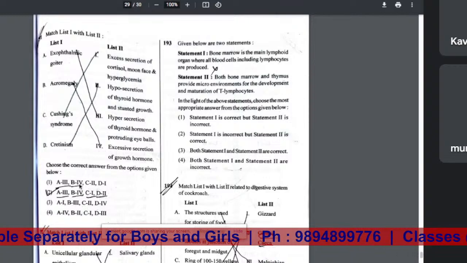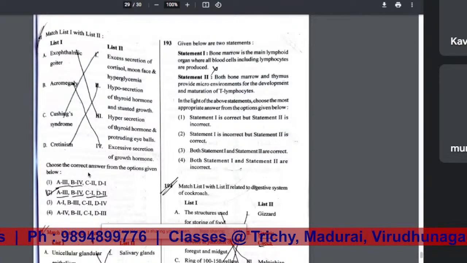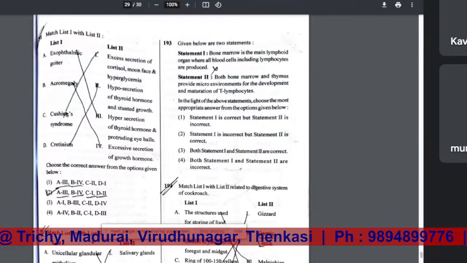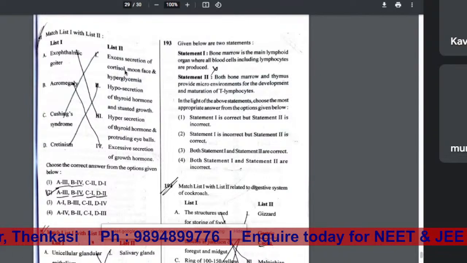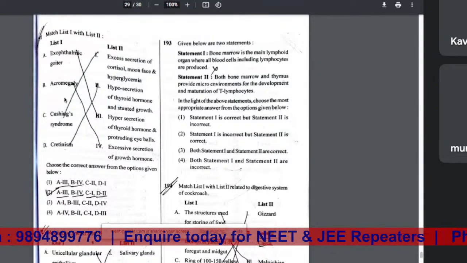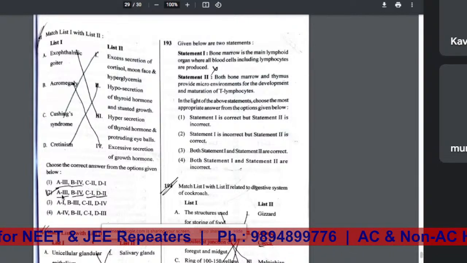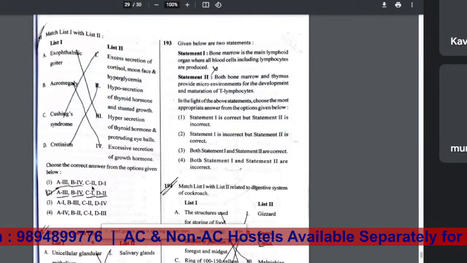Now you have to look at only option C or D. Cushing syndrome is excess secretion of cortisol, so C with 1 happens to be correct. Which means the answer has to be the second option: A with 3, B with 4, C with 1, and D with 2. So that is it.